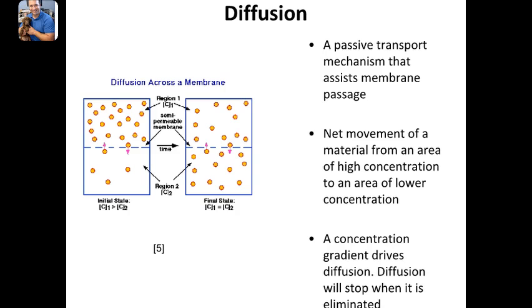So here we can see on the left, we've got a solute, let's say it's in an aqueous environment like the body exists in, and then the particles are going to start to pass across the membrane, and then eventually there's going to be an equilibrium where particles or solutes are free to flow at will across the membrane. That is a passive process called diffusion.